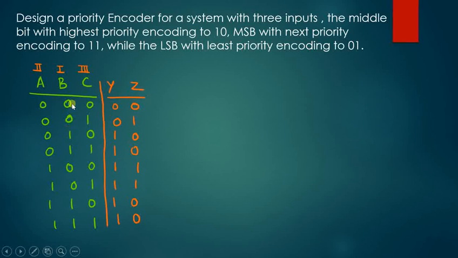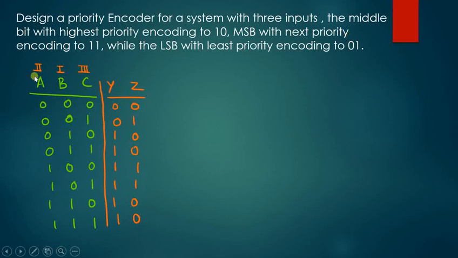So if you observe, whenever there is a logic 1 corresponding to the variable B, my output, which is represented as YZ, will be encoded to 1 0. So you can see here, when you have B equal to 1, the output is 1 0, every time.